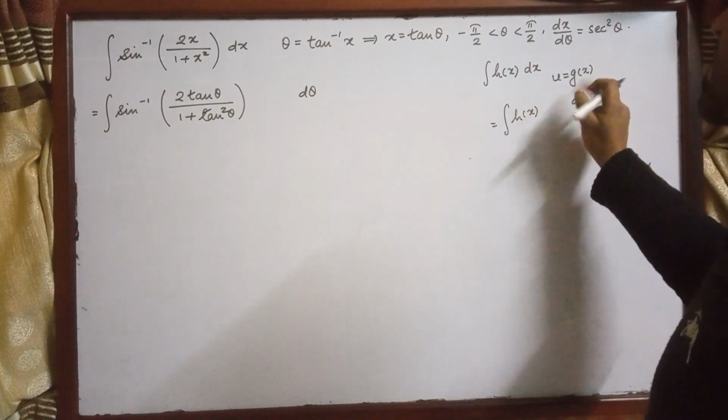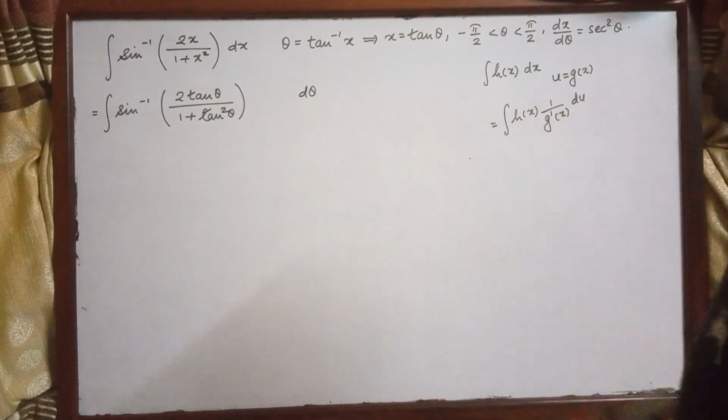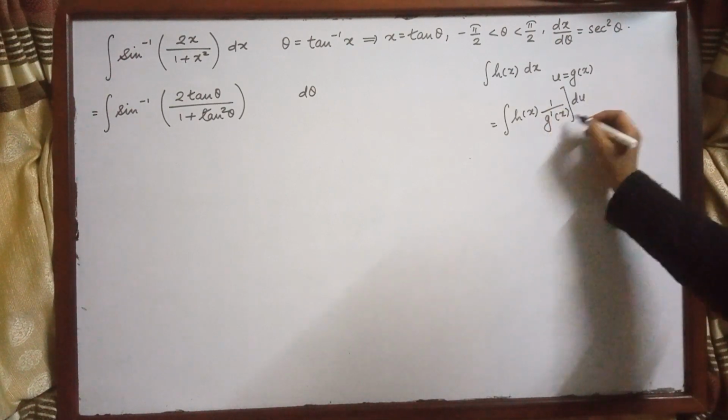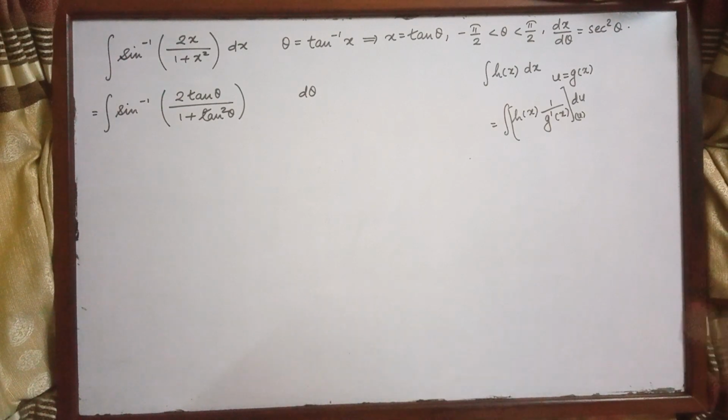If we do this, we need to introduce the substitution factor, which is 1 over g dash of x, and we need to express everything in terms of u, because the variable of integration is now u.